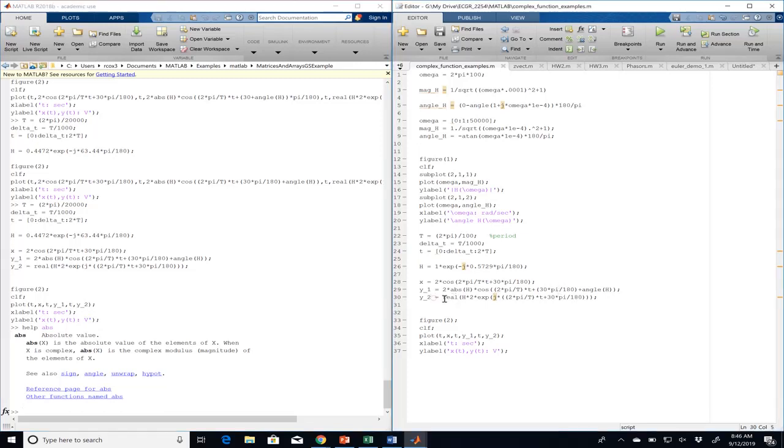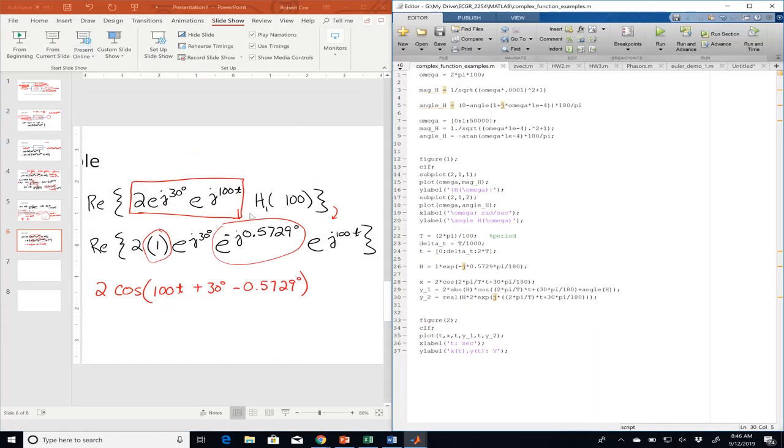y2 here, okay, I do just the same sort of thing, but let's compare. For y2, what I have is the real part of h times the magnitude of the input times exponential j times omega t plus the 30 degrees.